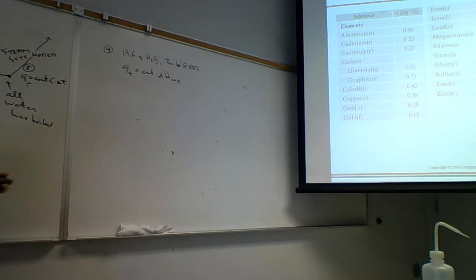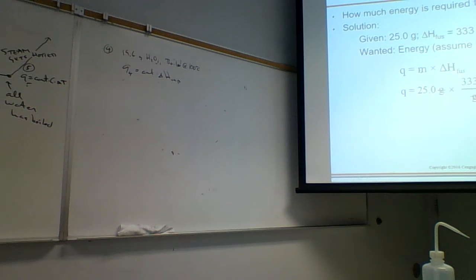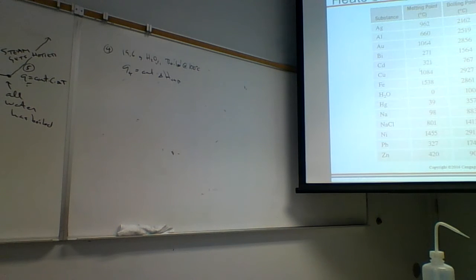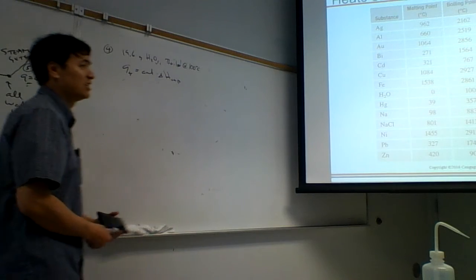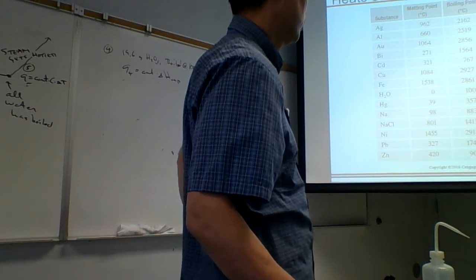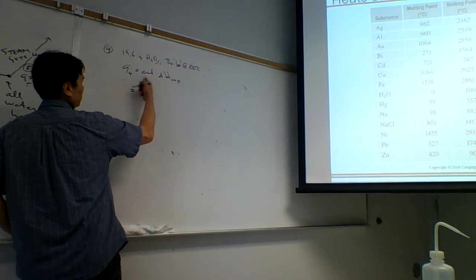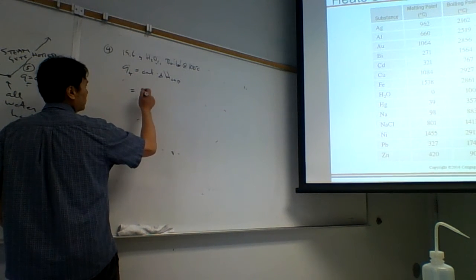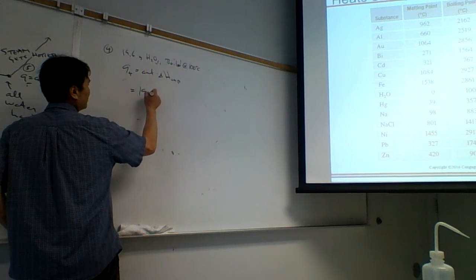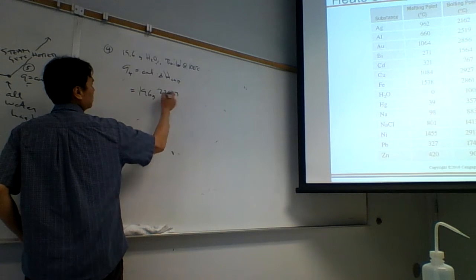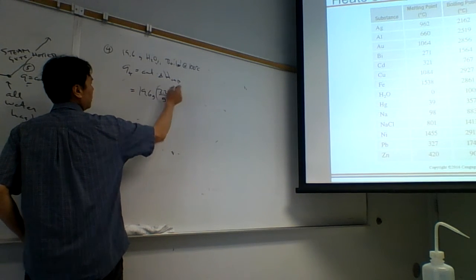So we need to flip back to the other table. You guys know the number? 2.26. I know this number, but I know it in kilojoules per mole, 44.0 kilojoules per mole. They usually do it in moles, but it doesn't matter. In grams, I have 19.6 grams times 2.26 kilojoules per gram. And so the grams cancel.